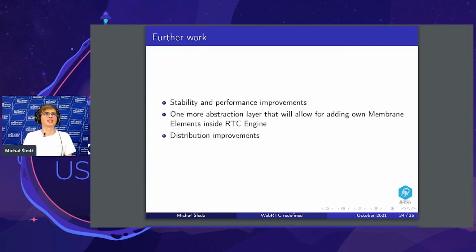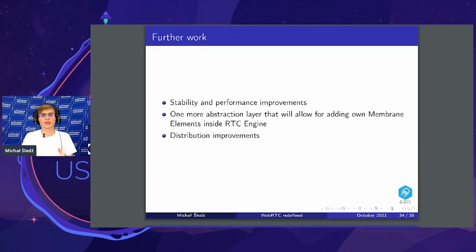Yeah. Further work: at this moment, we are working on stability and performance improvements. I think that this is the most important thing. And we are also working on adding one more abstraction layer. This layer will allow you to modify RTC engine behavior.